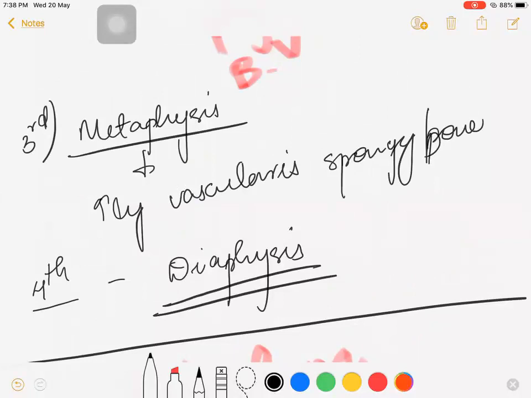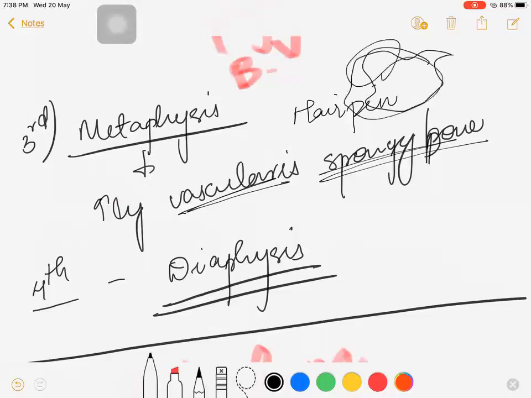Yeah. Okay, the metaphysis is another highly vascularized structure. So it basically has a lot of blood vessels, and the blood vessels here are called hairpin loop blood vessels, which means they're highly vascularized. They're in the form of a loop. They accumulate a lot of blood.